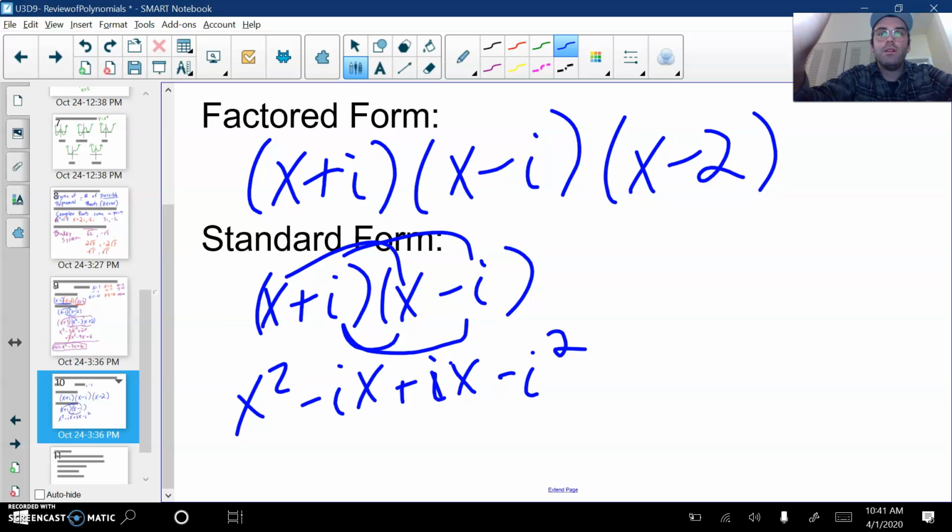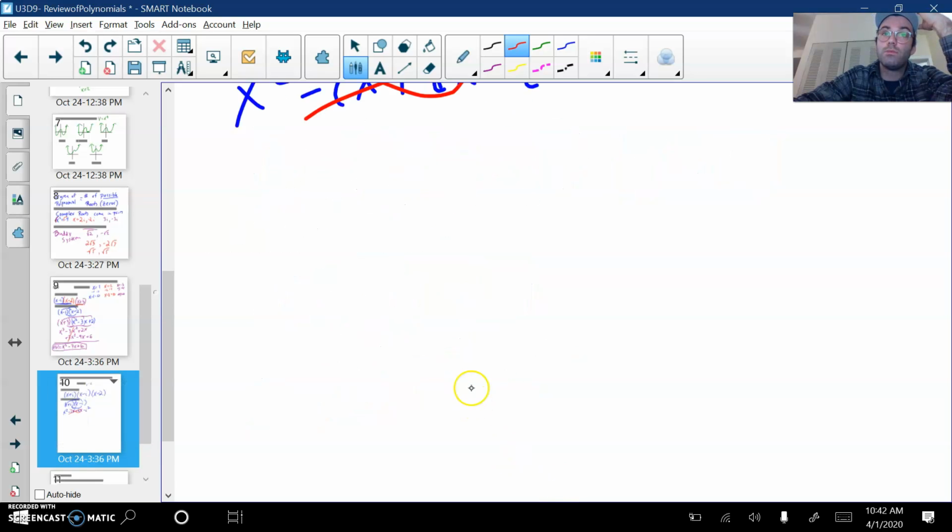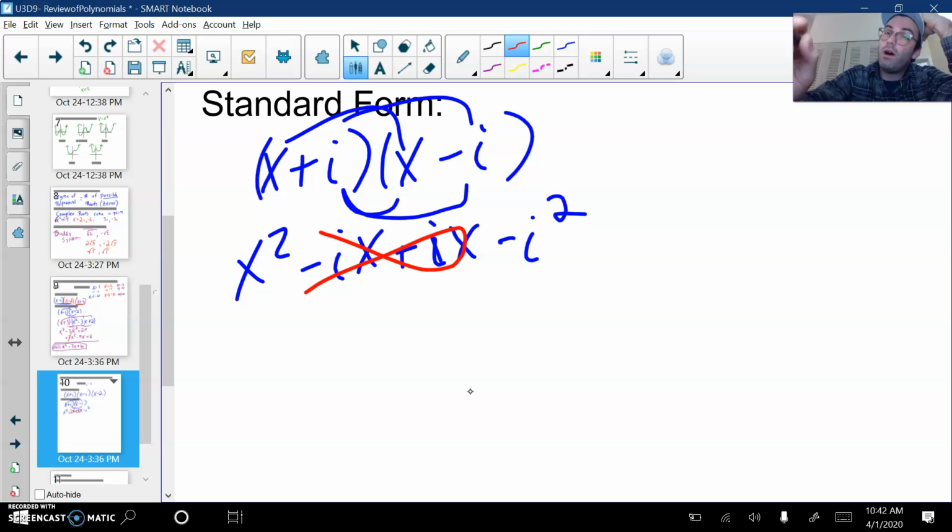You notice what happens here. Our ix terms cancel out, and this is why we multiply the imaginary factors first. So I have x squared minus i squared. Well, i squared is equal to negative 1.